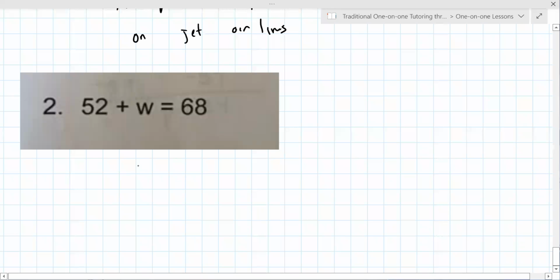W equals 16 for number 2. Go ahead and check that.